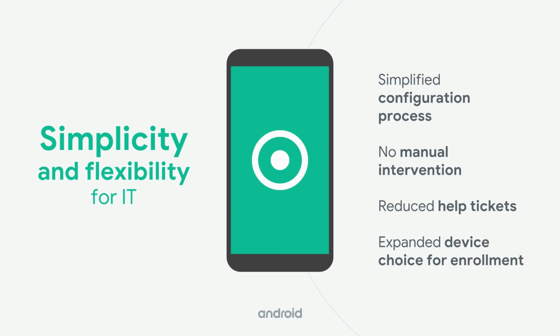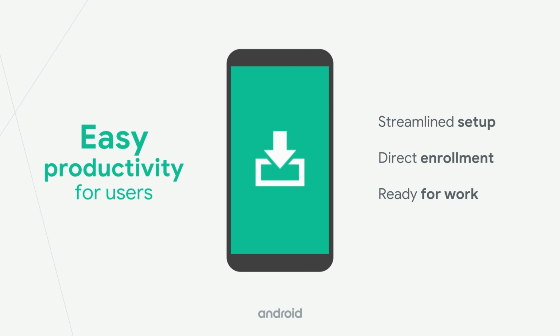So there is really no manual intervention. Everything is done over the air, in an automatic way. And for IT, it helps to reduce help tickets, because for the end users it's much easier to enroll the device. And it gives more options for devices to be automatically enrolled through this setup.